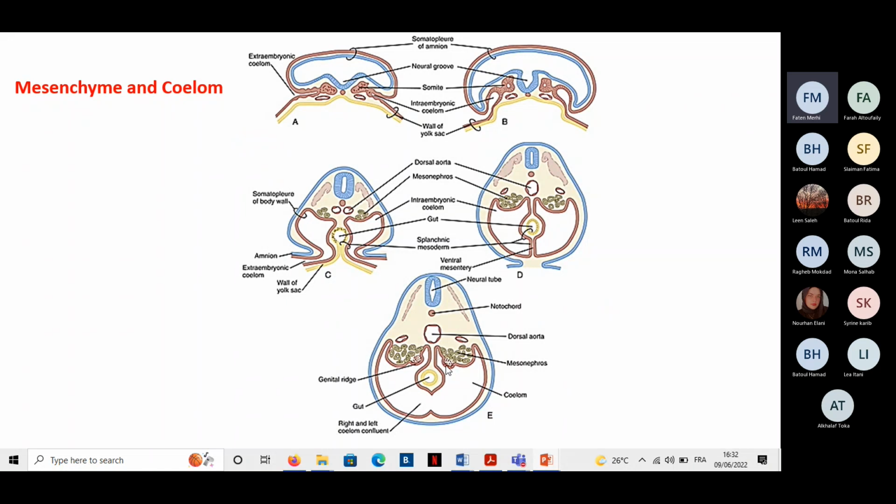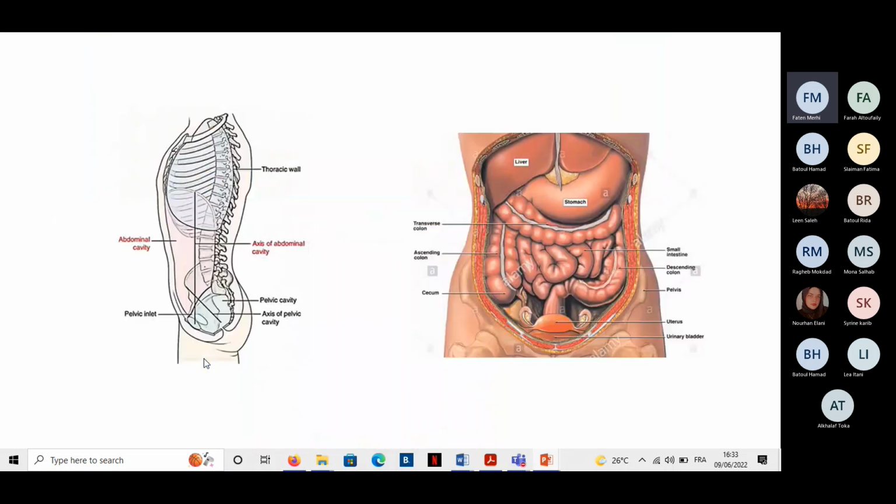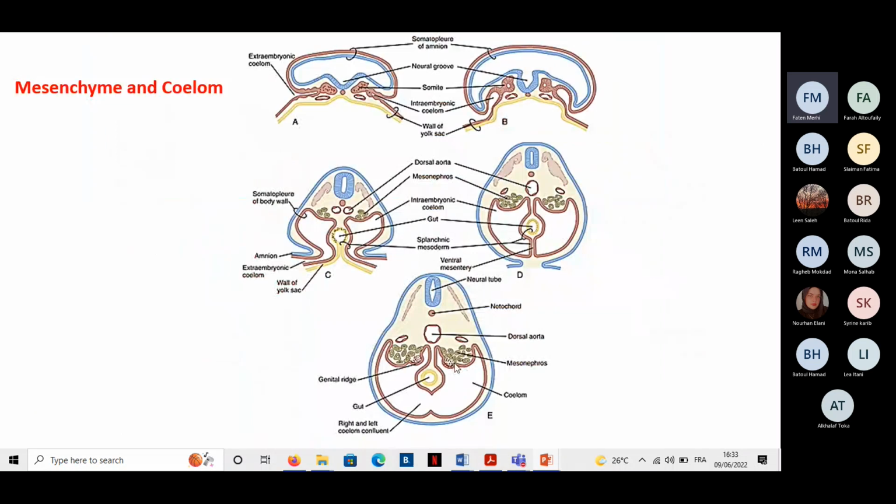Okay. And we have three phases that characterize gonad formation. First, the genital ridge formation. At this stage, the genital ridges are formed, but they don't contain germ cells yet.